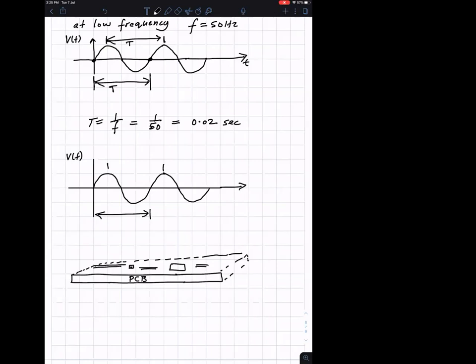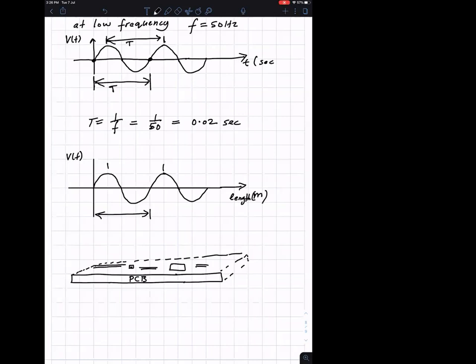It is length, in meters. This is time in seconds, right? This is length in meters.